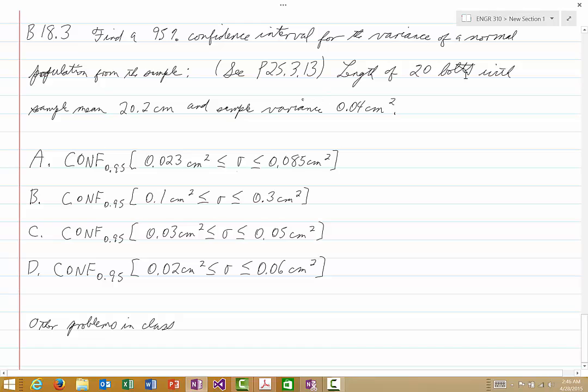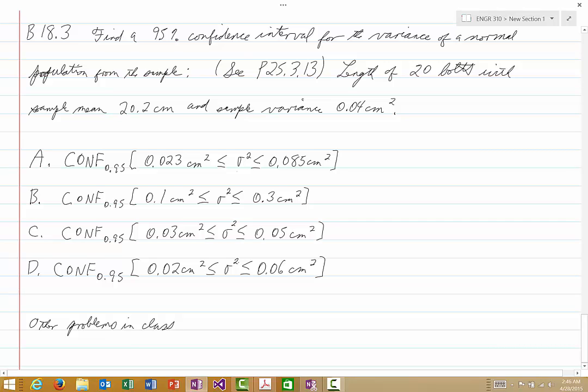You have 20 bolts with a sample mean 20.2 centimeters and sample variance 0.04 centimeters squared. And so the answers in each case, this is the 95% confidence interval for sigma squared. So each one of these should be sigma squared because it's a confidence interval for the variance.